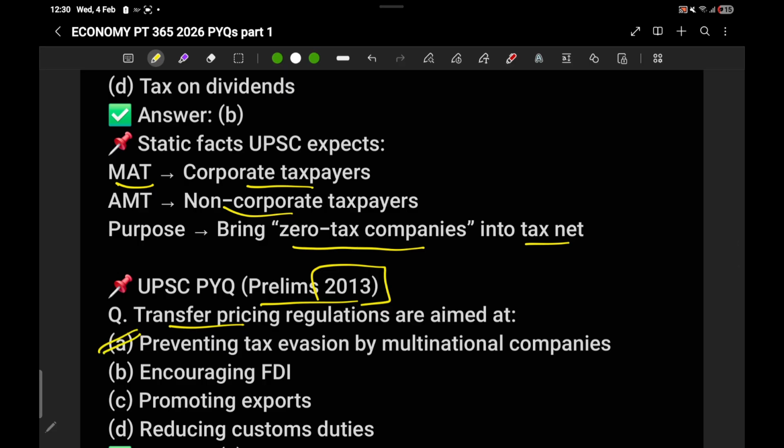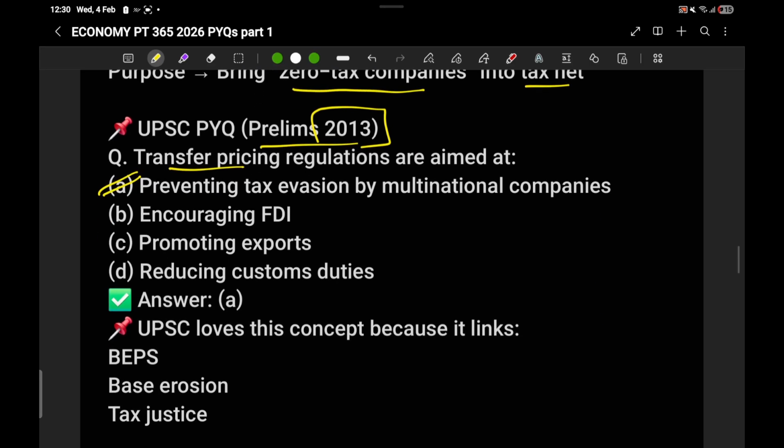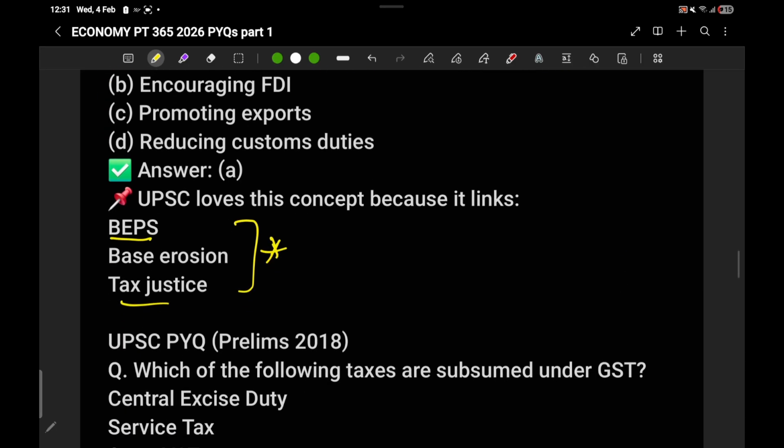So option A, preventing tax evasion by multinational companies. Okay, it is a charge that is done when there's a transaction between multinational companies. So UPSC loves this kind of concept like base erosion and profit shifting, transfer pricing, tax justice. Okay, so please focus on these things whenever these are in news. Let's move to the next question.